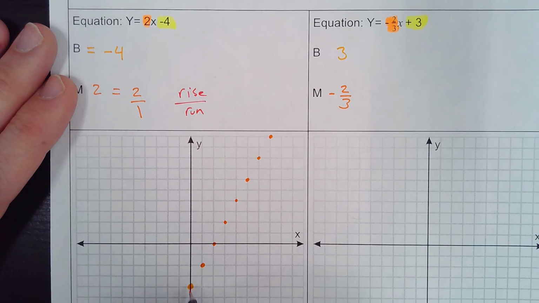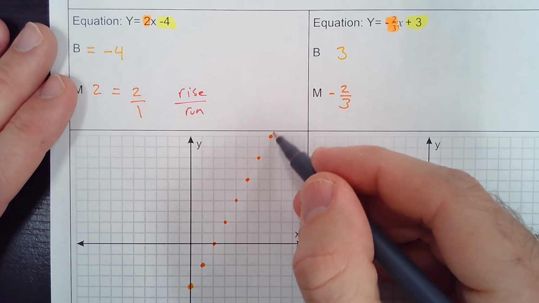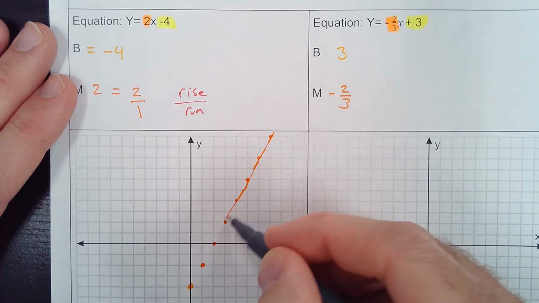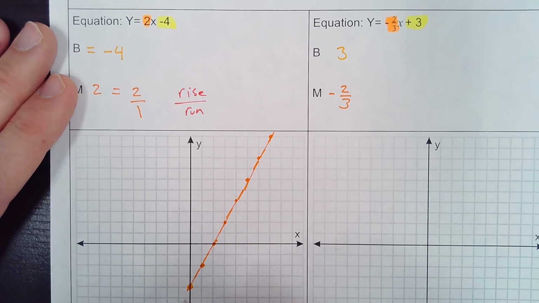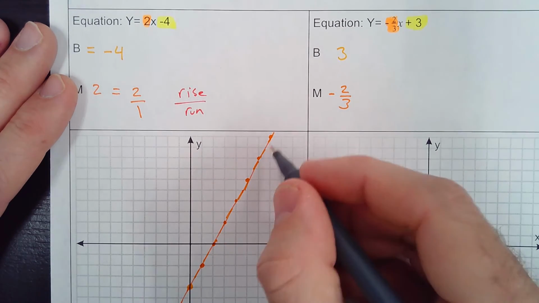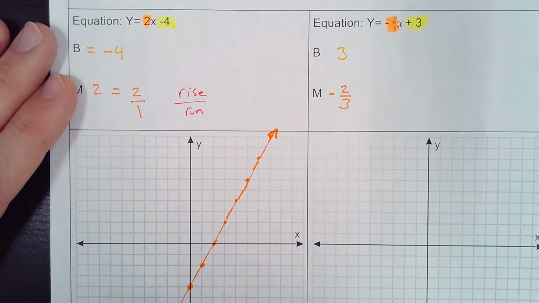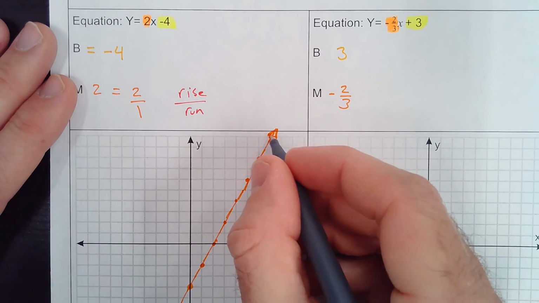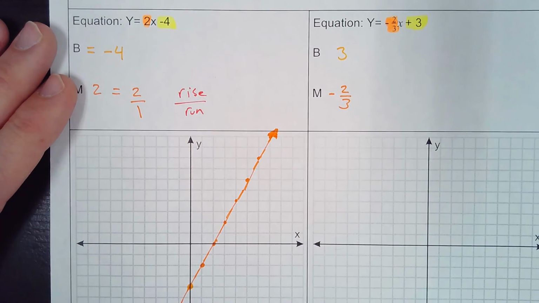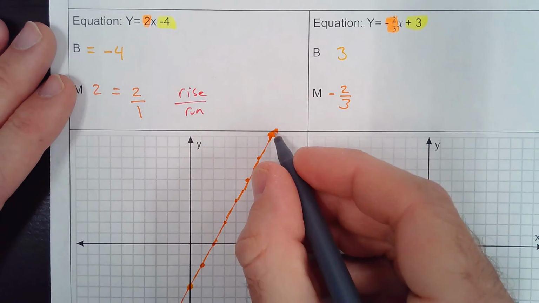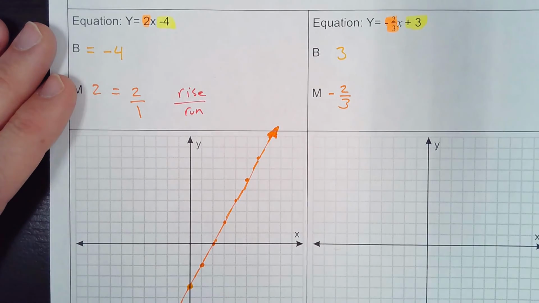I can also go down 2 to the left 1, down 2 to the left 1. Now if you have a ruler, that would help, or you can sketch it the best you can here. And then on your line there should be arrows on both ends of it. Those arrows say it goes on forever.